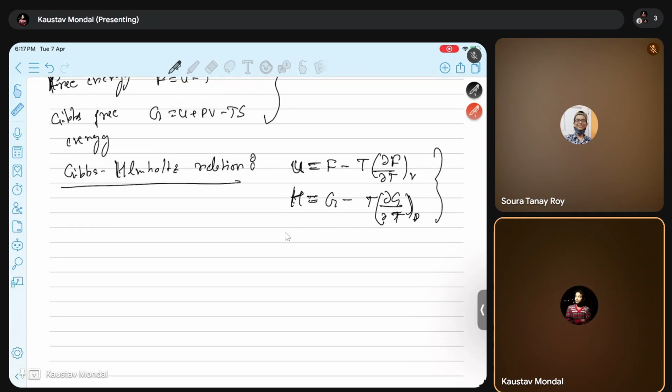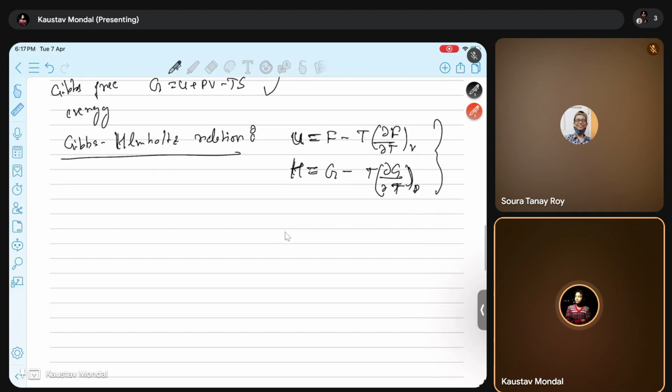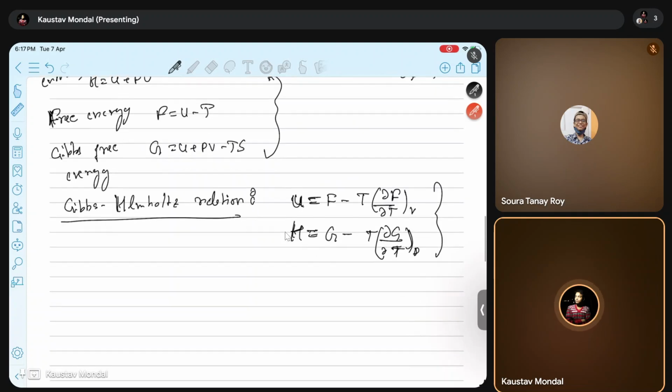These are pretty important things that we discussed in the last class. We also discussed, for different conditions, which thermodynamic functions remain zero, or go to maxima or minima. For adiabatic and isochoric processes, we discussed that dU should be less than 0.